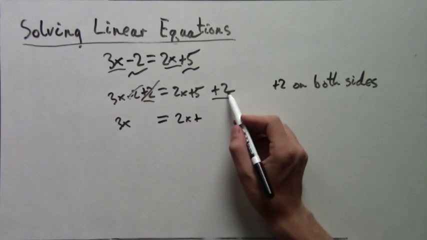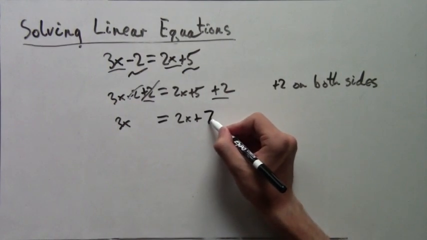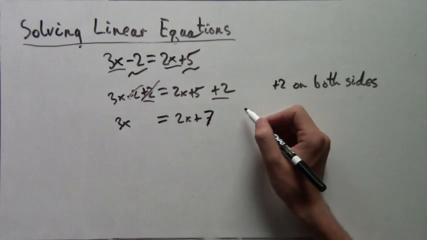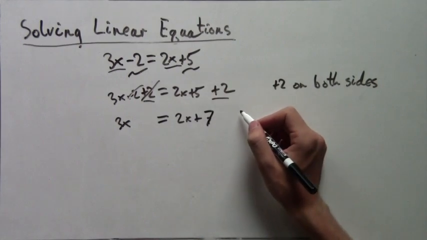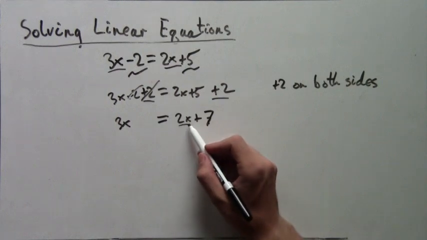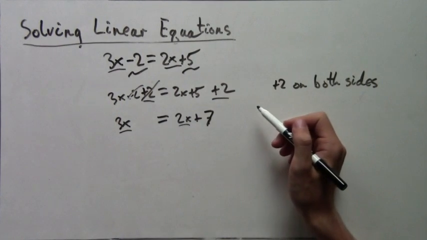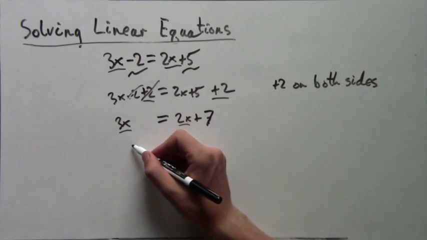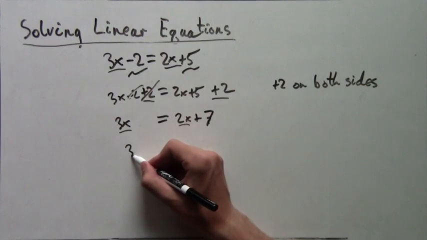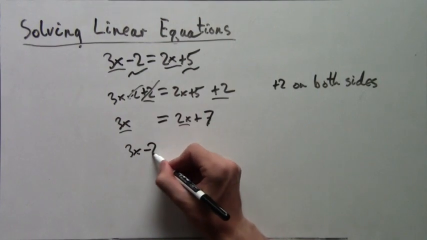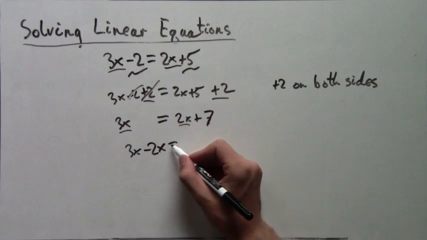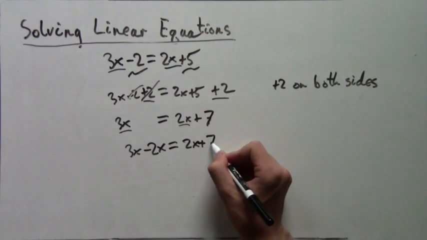So we get 3x equals 2x plus 5 plus 2 is 7. So now we still have x's on 2 different sides of the equation, so you want to move them to one side. How can we do this? We can subtract 2x on both sides of the equation. We're doing it on both sides, so it's allowed.